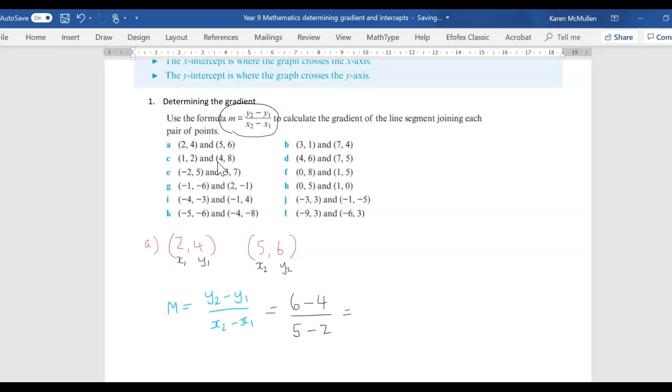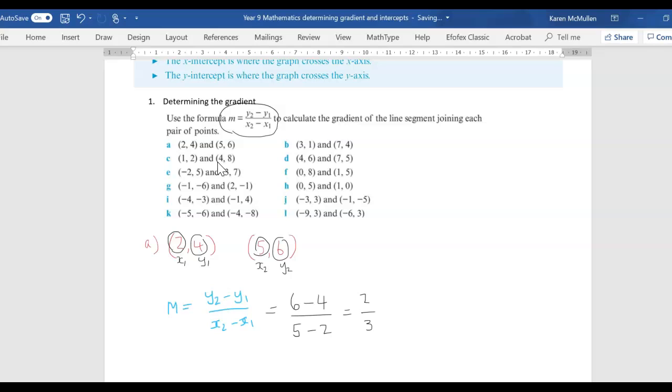Do you see where everything has come from? So the y2 is 6, y1 is 4. So I've got 6 minus 4 on the top, and then on the bottom, x2 minus x1, so 5 minus 2. And then we just go ahead and do that. So 6 minus 4 is 2, and 5 minus 2 is 3.